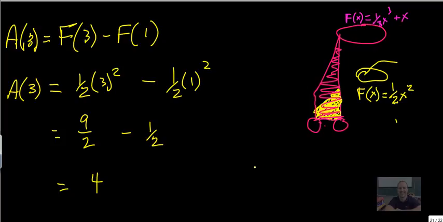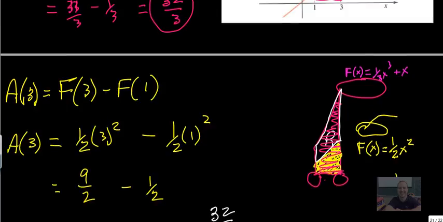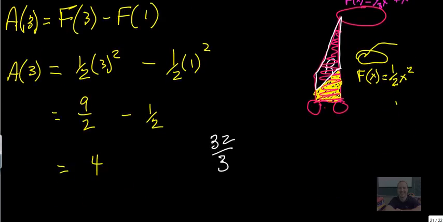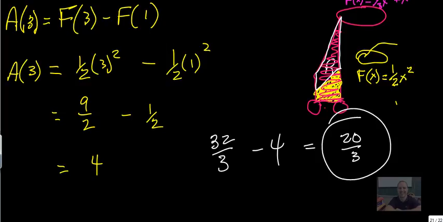So our total area of R, okay, so this was R right in here, remember this part there was R. So that's going to be 32 over 3 minus 4, right? So that's 12 over 3, so that's going to be 20 over 3 for an area, okay? 20 over 3.